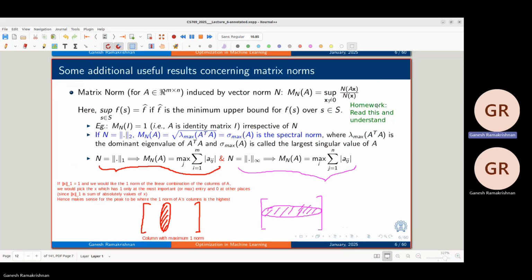So example. What does this mean basically?